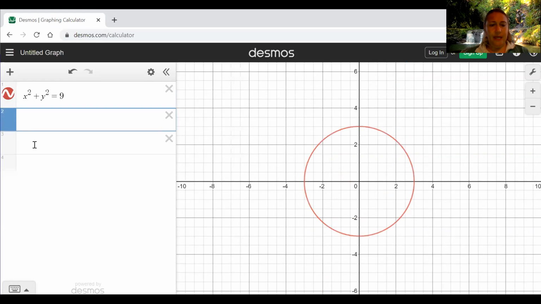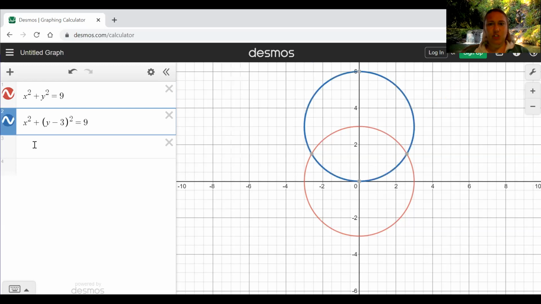But let's play a little bit. What if I did this? Instead of just y, I have y minus, say, 3 squared, and then equals 9, same radius. So let's see which way that moves it. You were probably expecting it to move down, right? But now my new center is 0, 3.